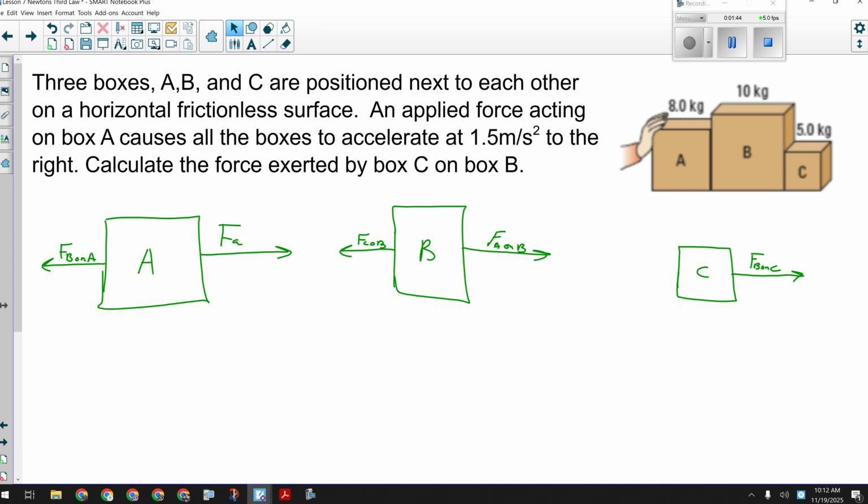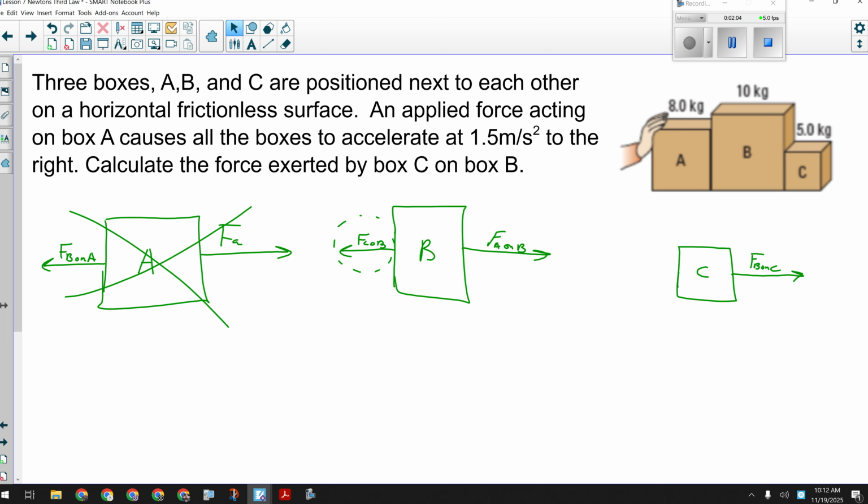So if we're trying to find out how much force C exerts on B, so we're trying to find this force, we established that A is no help. I don't know the applied force, I don't know the force A exerts on B, or B exerts on A, I don't know any of that. Box A can't help me here.